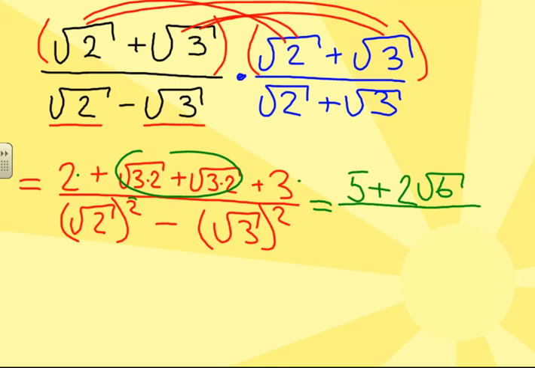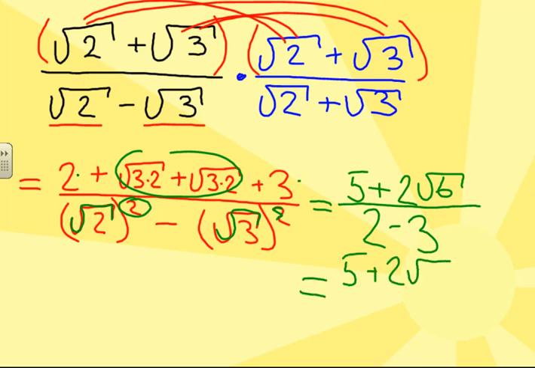Remember, this 2 and that square root sign cancel each other out. So I end up with 2, and this cancels each other out, minus 3. So my answer ends up being 5 plus 2 root 6 all over negative 1, which I can simplify down.